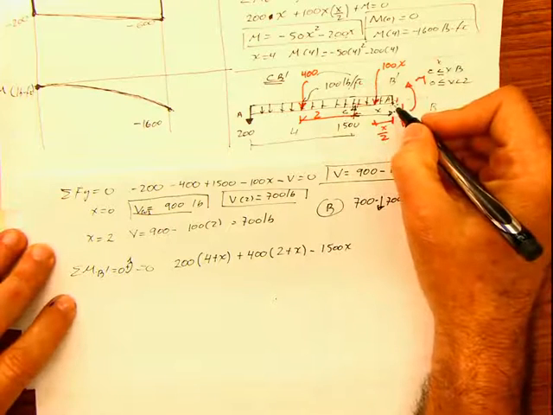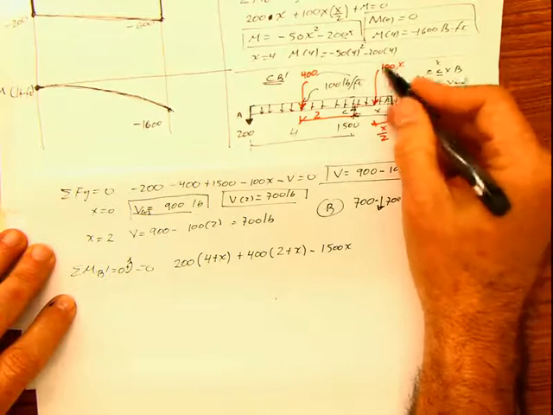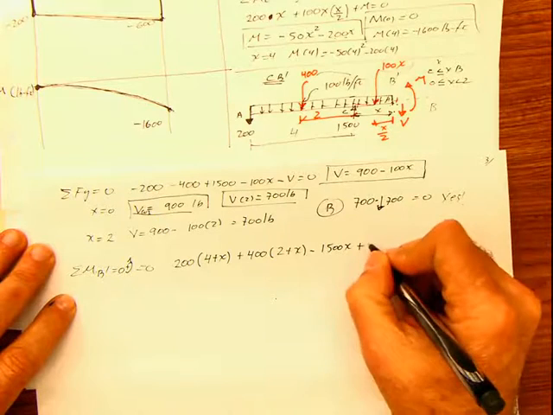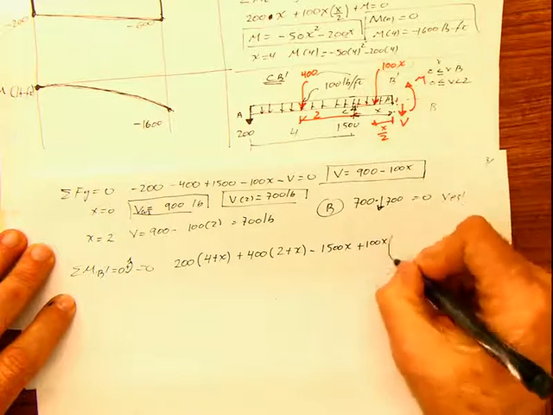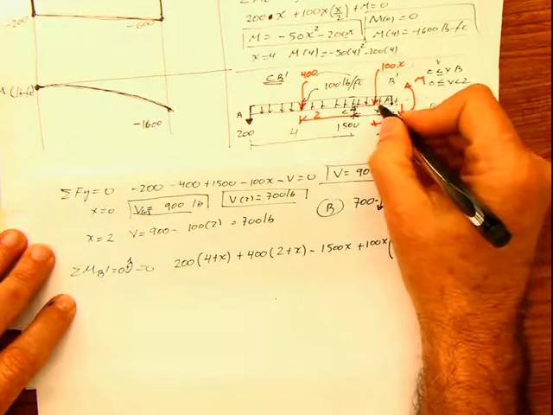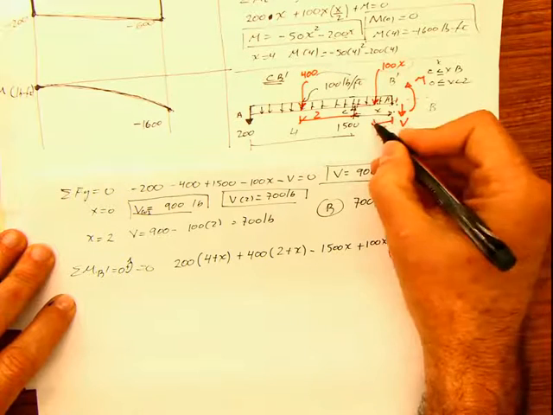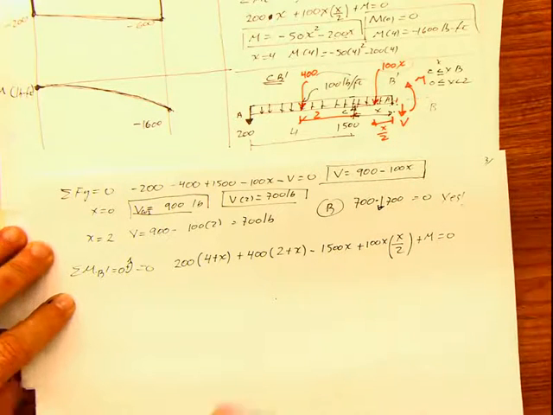And now we have this 100x force. Remember, this is the force. We have 100x force, and it's positive because it's rotating like that, multiplied by the distance from here to here, which is x divided by 2. We said it before, plus M equals 0.